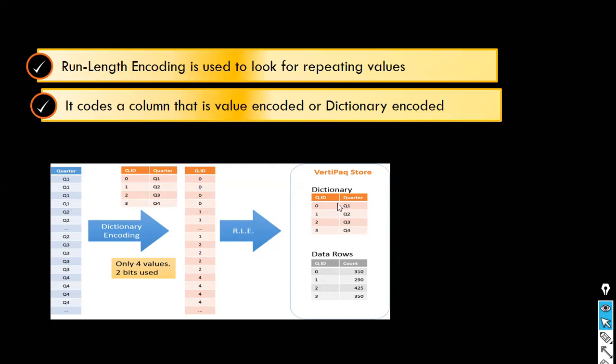Wherever Q1 is there, it replaces it by 0, wherever Q2 is there, it replaces it by 1. Next are the data rows: 0 appears 310 times, 1 appears 290 times, and 2 appears 425 times. This is how it compresses the data.